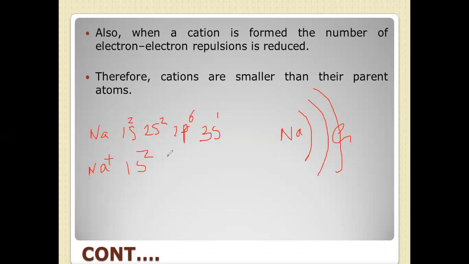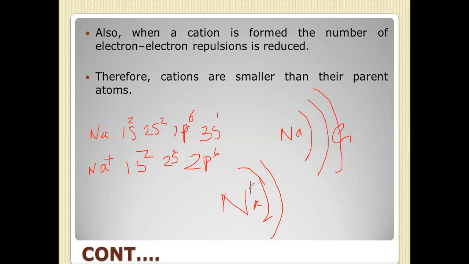Sodium plus, what is its electron configuration? 1s2, 2s2, 2p6, but no 3s1. So sodium plus has just 2 electronic shells. So what is happening?